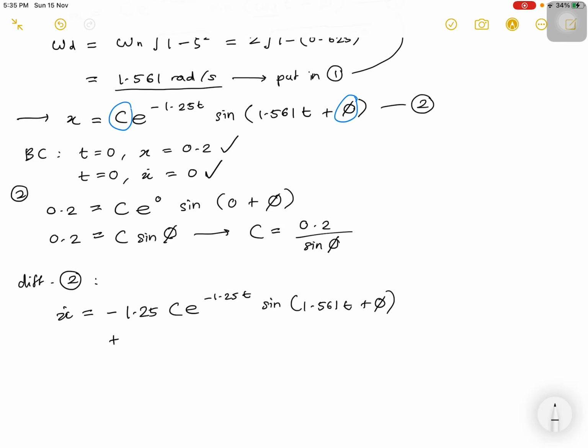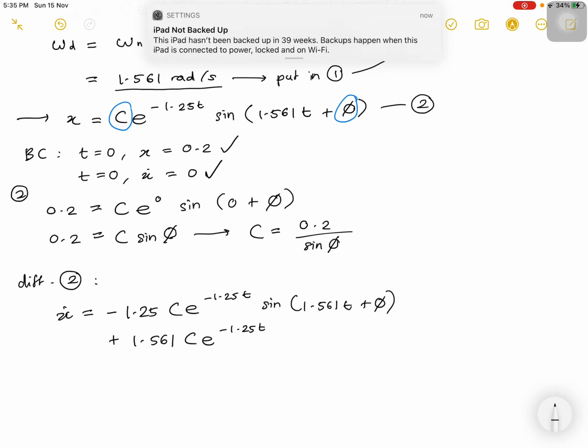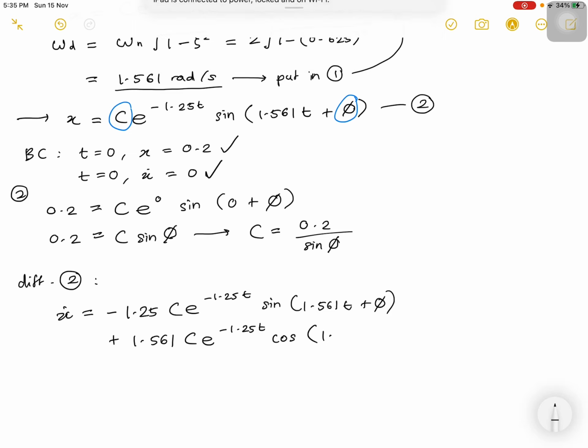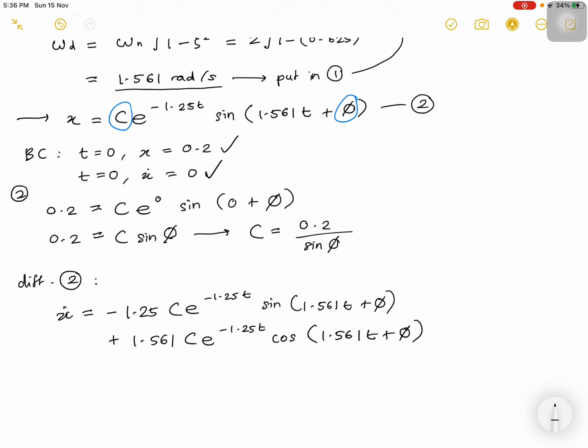And then we add 1.561 C e to the power of negative 1.25 t cos (1.561 t plus psi). Okay, why is the answer like this?